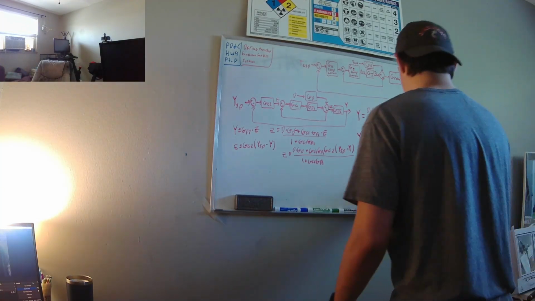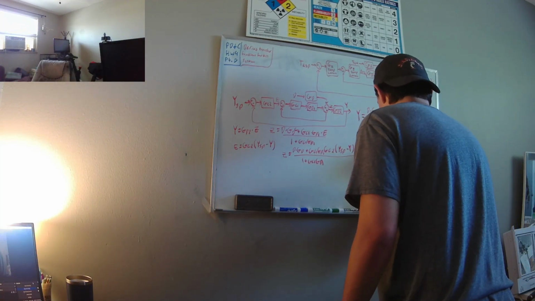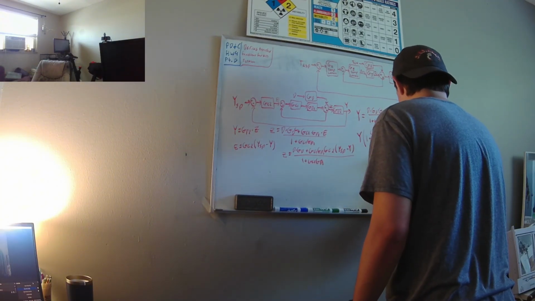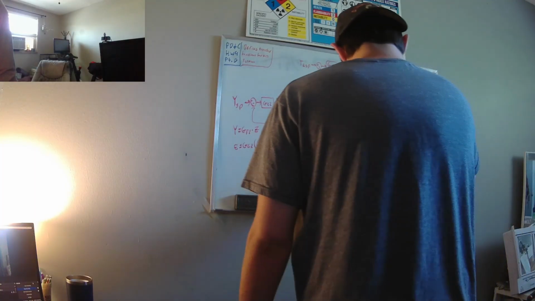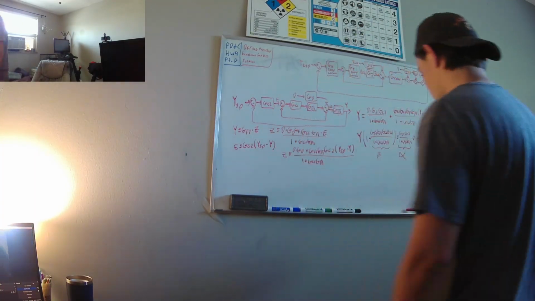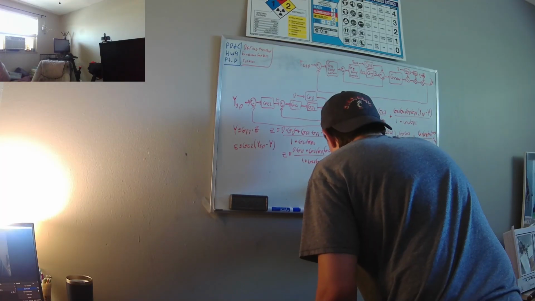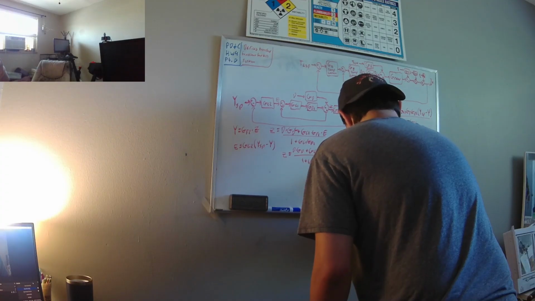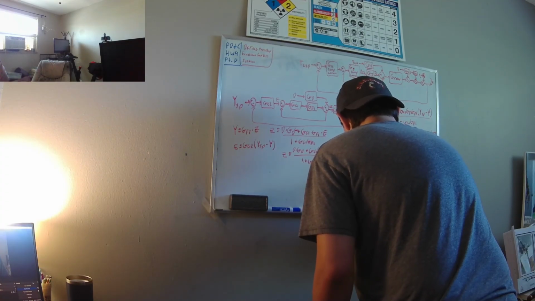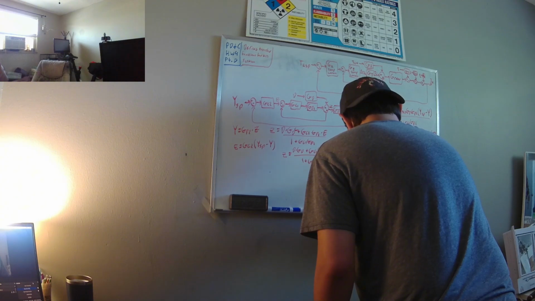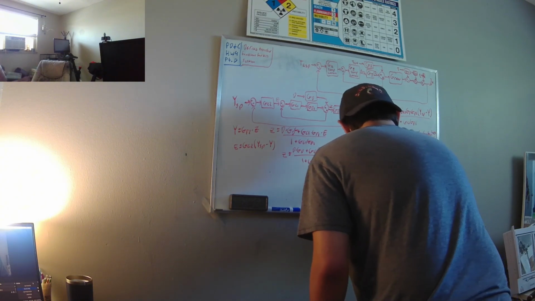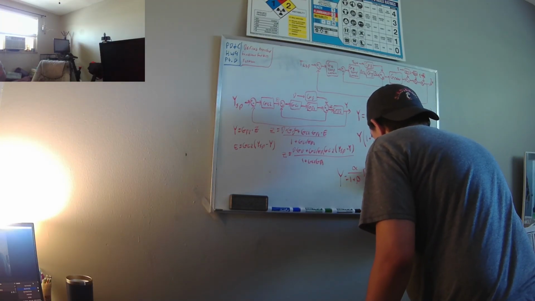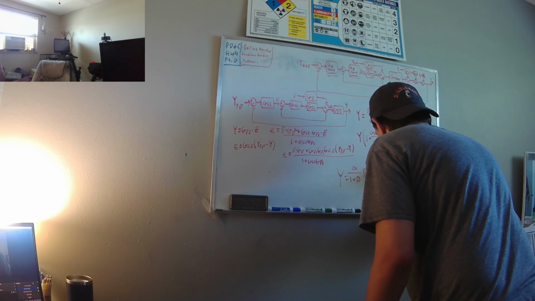Then we can go ahead and call this value right here beta, and this value right here alpha. We sub those into our expression. What we get is a simplified expression that Y equals alpha over 1 plus beta times our D, plus beta over 1 plus beta times our YSP.